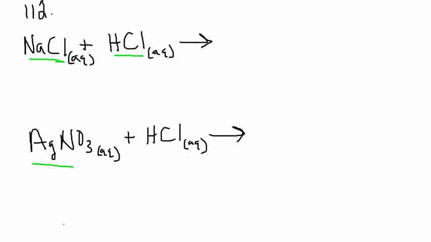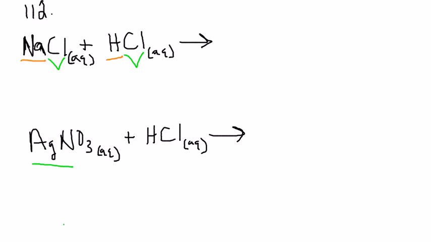Well, let's look at the first one. What are the players in the first one? Sorry, let me rewrite this one here. Sodium. Okay, what are the players? We have sodium, and then we have chlorine. And on this side we have hydrogen and then chlorine as my anion.